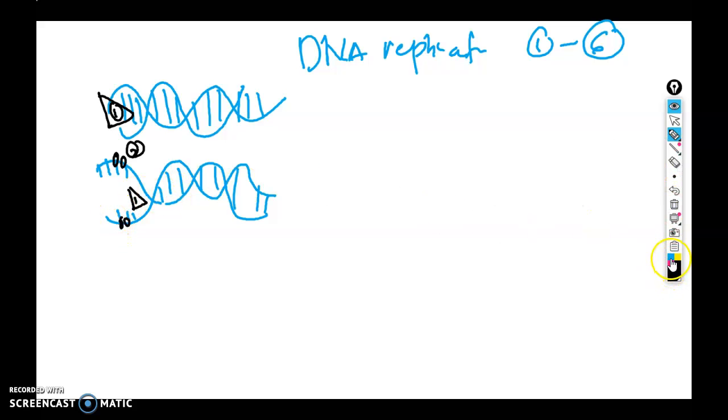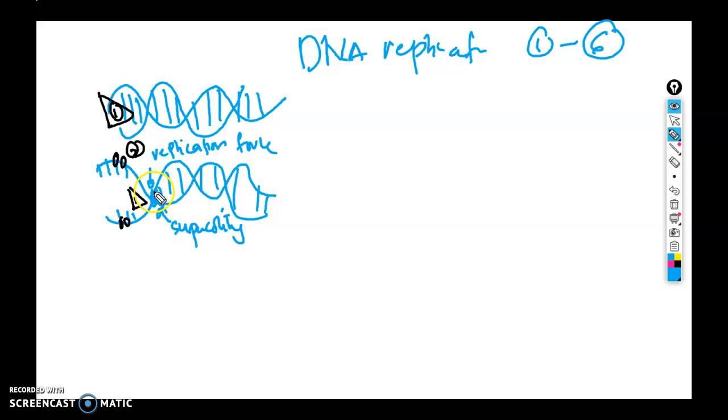At the end of the replication fork, this is what we call a replication fork, they will form supercoiling, because kita paksa dia open.